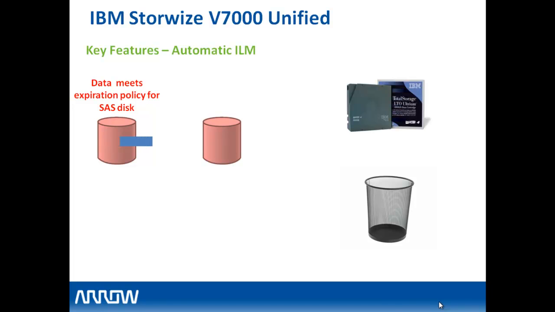We could then move that completely automatically onto SATA disk. Obviously SATA disk is a much lower tier of disk, gives us the capability to be able to store much greater volumes of data, but the trade-off is obviously it's a much lower performance disk. But if the data is not being hit that much, really doesn't matter.